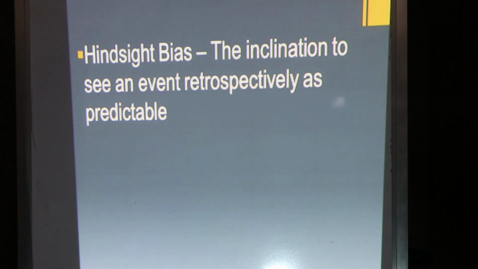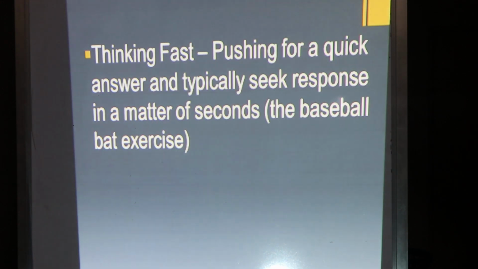The next one is the thinking fast bias. This is the baseball bat exercise that we did. Another thing that I want to mention here is ito rin yung tinatawag na instinctive thinking or yung tinatawag na fight or flight response. When you imagine yung dalawang animals sa jungle, they look at each other, they don't deliberate it that much, no?